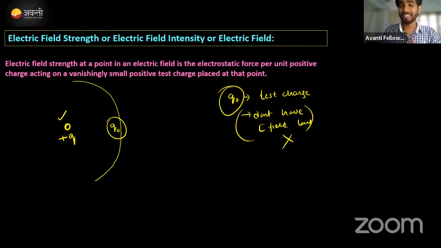But here we are not taking field lines because, as Ashwini said, compared to the source charge, the test charge doesn't have that much potential. Its field lines are very small. That's why we consider that the test charge doesn't have any charge effect. That's it.